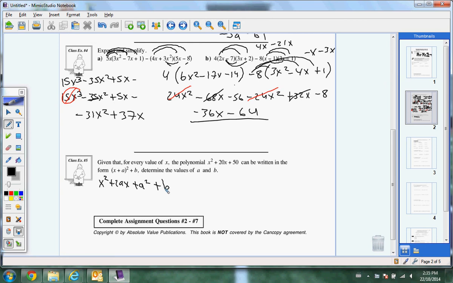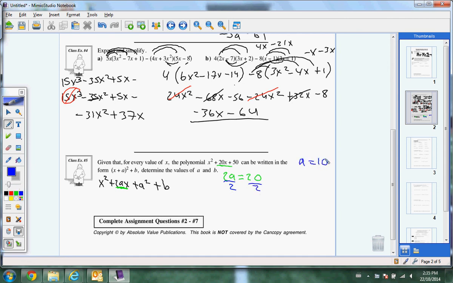So what can you set equal to each other? 2a equals 20. Okay, so what I'm showing you is, I know it doesn't look exactly the same, but the part with the x, 2ax, 20x. So 2a equals 20 for our first piece. Does that make sense? So I'm going to solve for a, so what do I do to solve for a? Divide by 2, so a is 10.